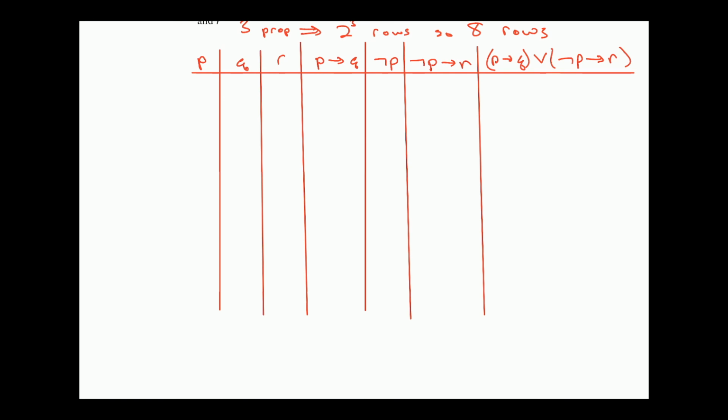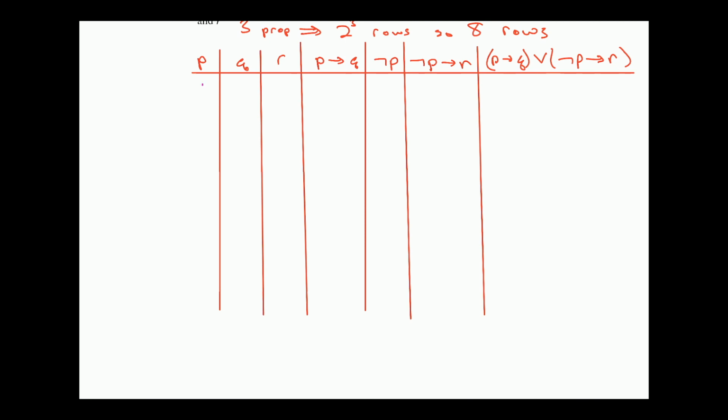Now, since we haven't done one with 3 before, here's how you would do it. So there's 8 rows total. What you want to do is kind of the same thing we did before, but a little bit different. For your first proposition, instead of 2 and 2, you want to go 4 and 4.